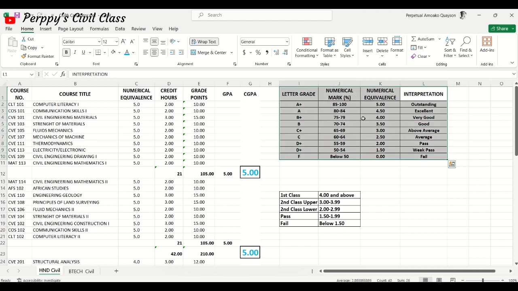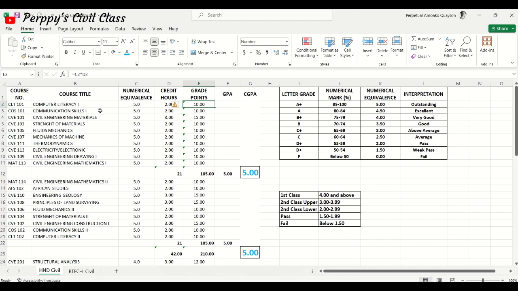With this grade system, for example, level 100 first semester, computer literacy was not difficult. So you had a 5, a numerical value between 85 to 100, and that is A plus. Therefore, if you multiply it by your credit hours, which is 2, meaning 10, you are okay.